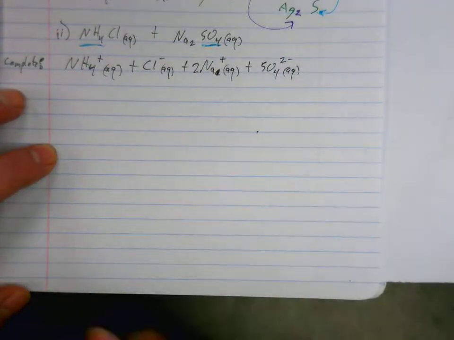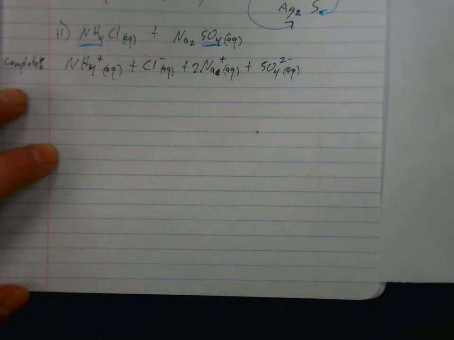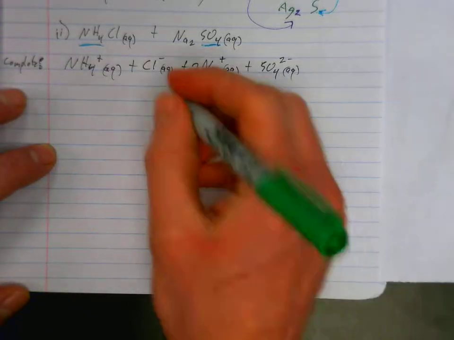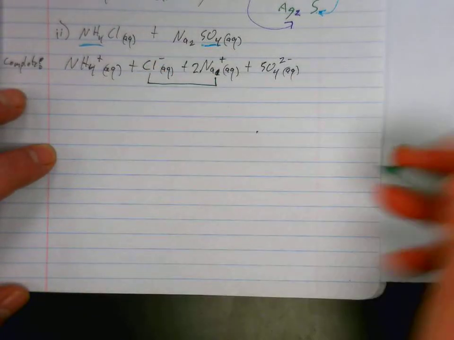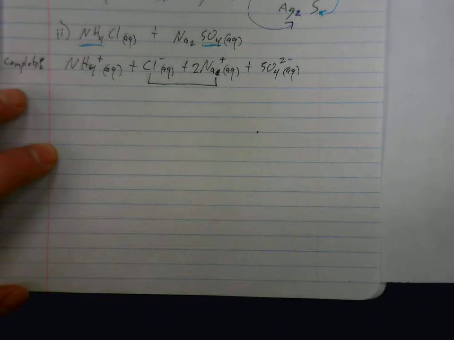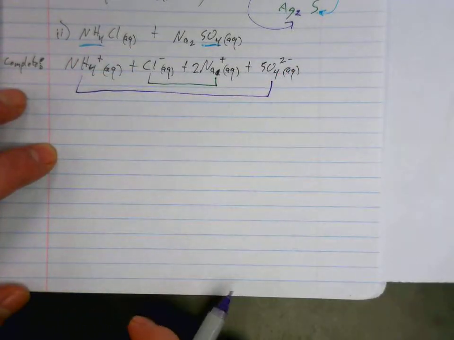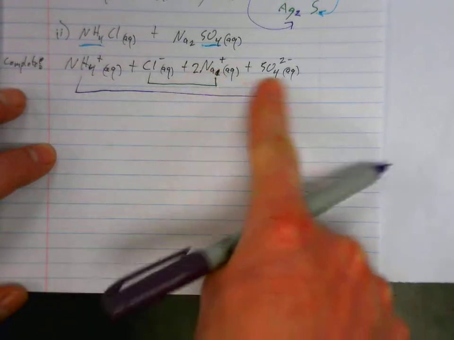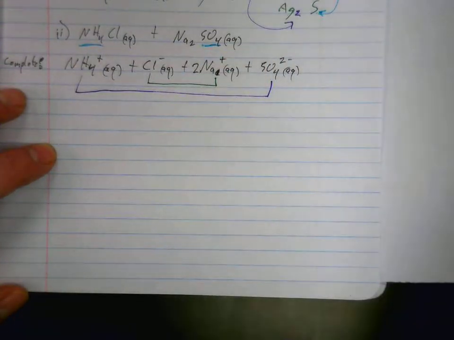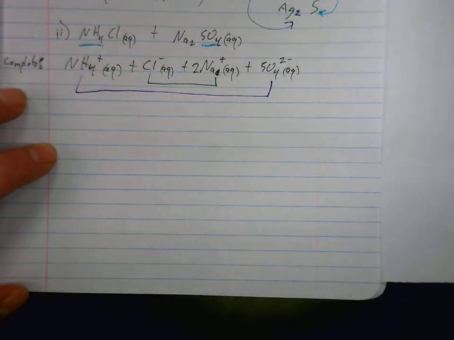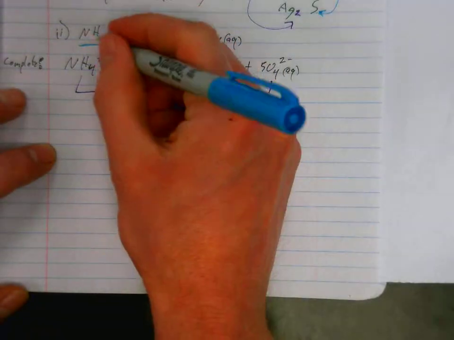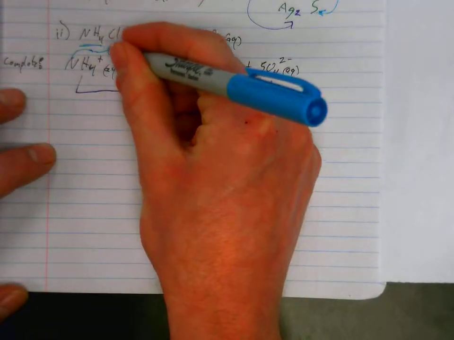All right, so look at the combinations that can occur. We have the chloride that can combine with the sodium, and we have the ammonium that now can combine with the sulfate. Of course, these two, again, were already together, as we can observe from the last problem. These were together here as ammonium chloride.